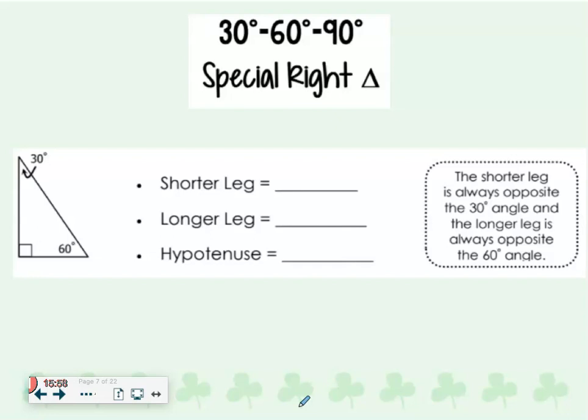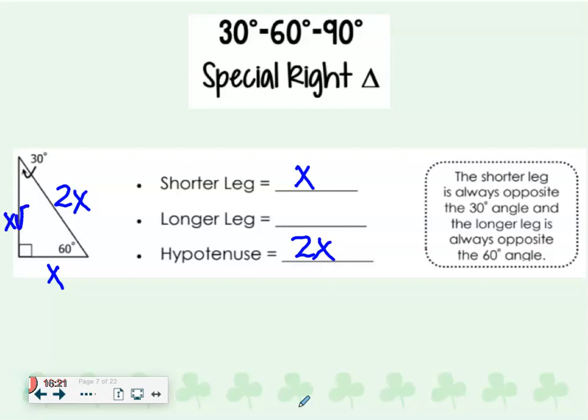Okay, let's call our short leg X, and our short leg's always across from a 30-degree angle. How did we find our longer leg? What did we multiply by? Our hypotenuse is twice that. Close, not 3x.